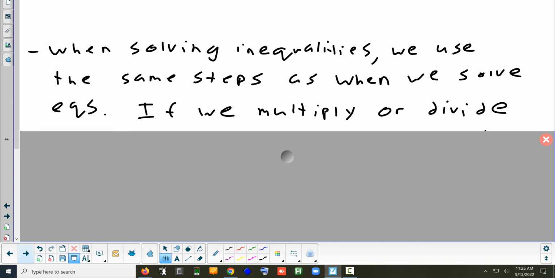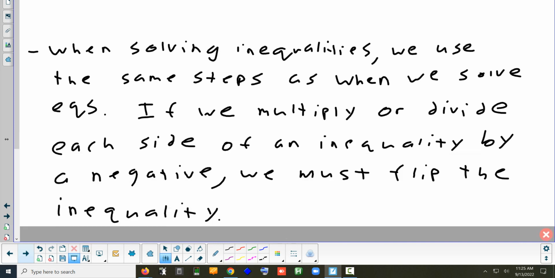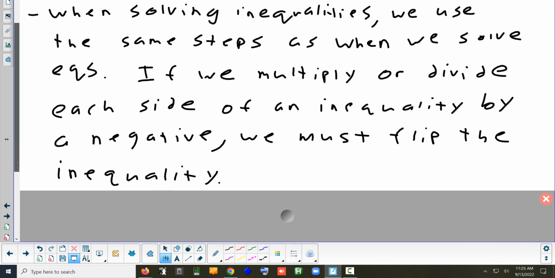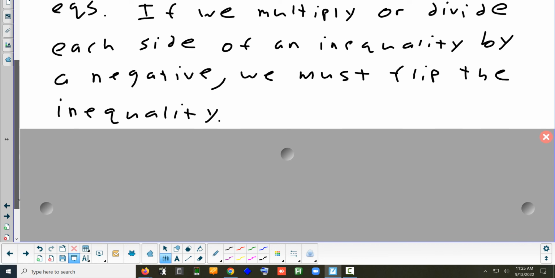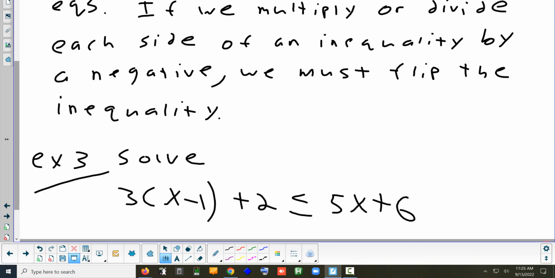The sign flips. So if you multiply or divide each side of an inequality by a negative, you need to flip the sign. If it was greater than, it becomes less than. If you forget to flip the sign, then you could end up shading completely the wrong way, which would be wrong.